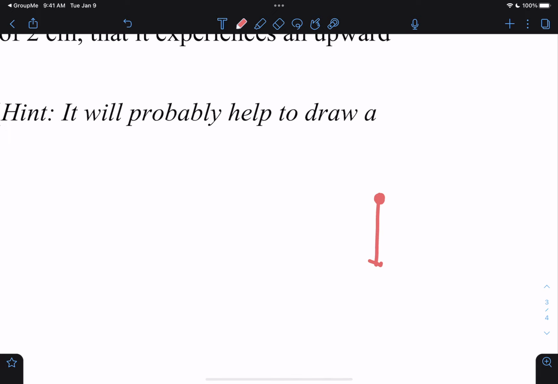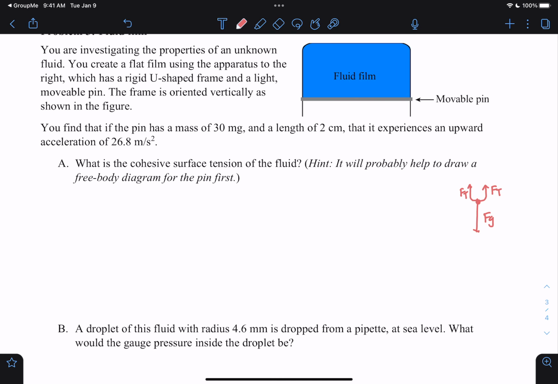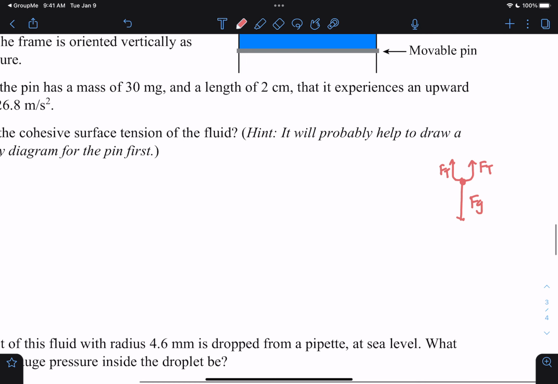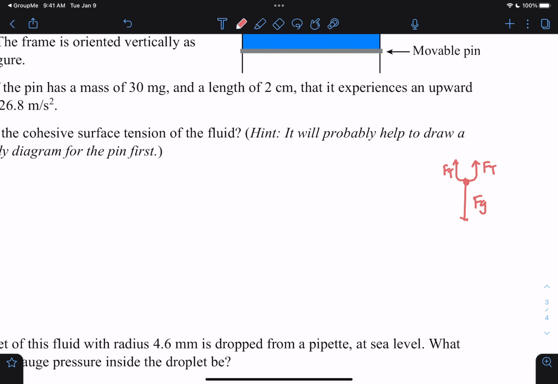So gravity is pulling us downwards, and then 2 tension forces pulling back upwards like that. Excellent. Yep, 2 tension forces and a gravity force pointing downwards like that, right?